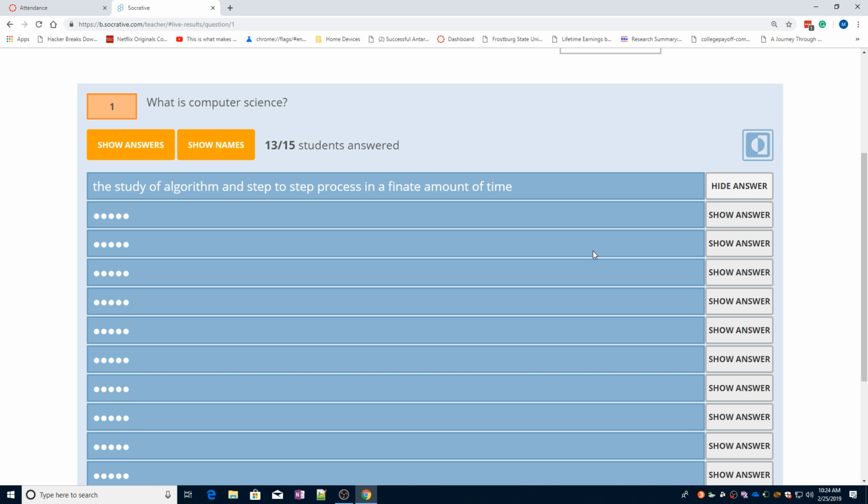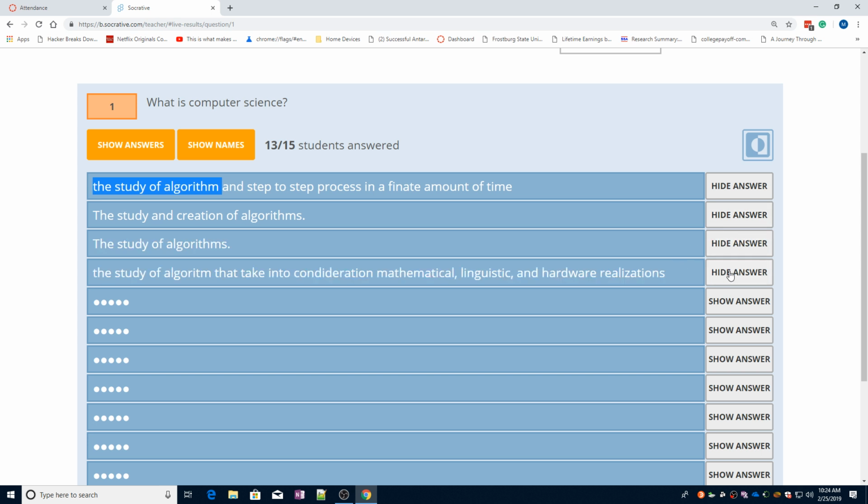So it's the study of algorithms, but you're still missing a lot of stuff, and I would have given you just 3 if you would have put the study of algorithms in problems, but I want to take away 1. That gives you 2. Study and creation of algorithms. I'd give you a 2 or a 3. I would give you full credit for this answer.